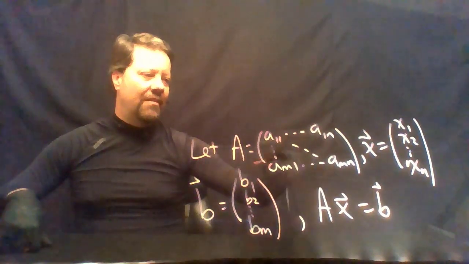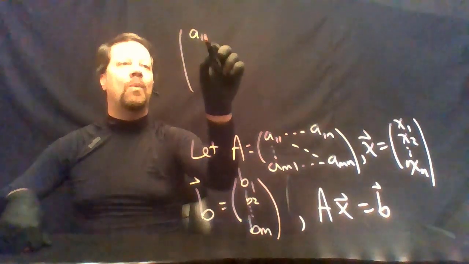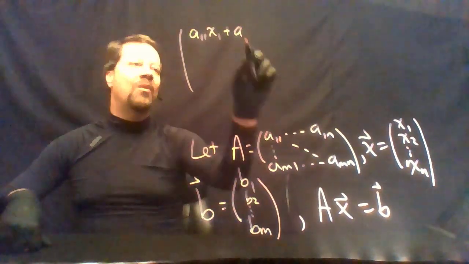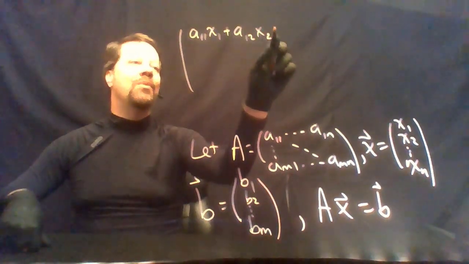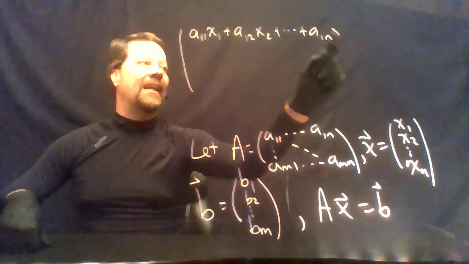If I take the first row and multiply it by the first column, I'll get A11x1 plus A12x2 all the way down to A1nxn.